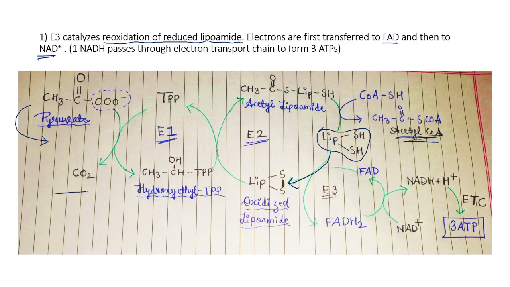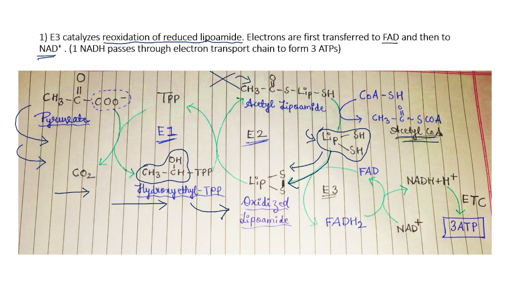Because when the acetyl group is transferred to lipoamide, we need oxidized lipoamide, without which this step cannot occur. So this reduced lipoamide should be converted into oxidized lipoamide so that the next cycle of pyruvate oxidation can occur.